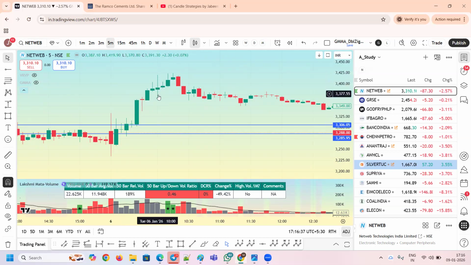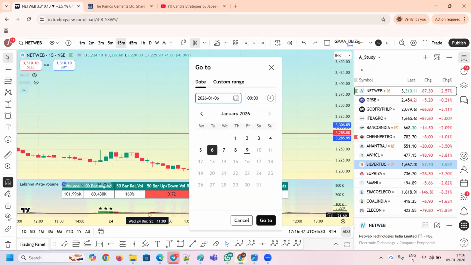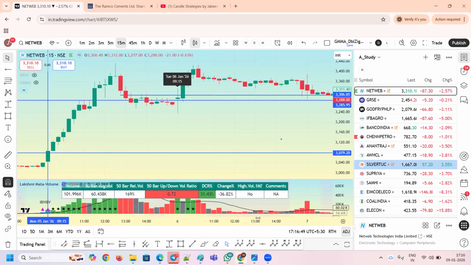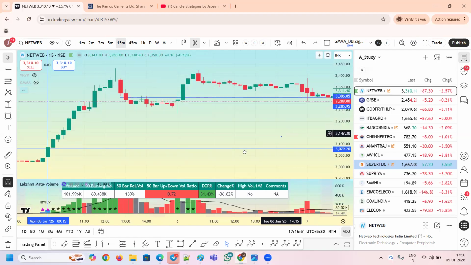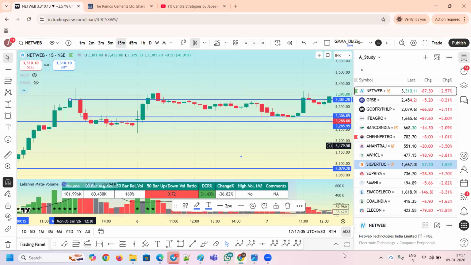See, this one is somewhat dangerous for me. And after this, if I have to follow the 15 minute candle, go to 15. See, if you are following a 15 minute candle here, no problem. But here you have to see this one, it has crossed. Correct?